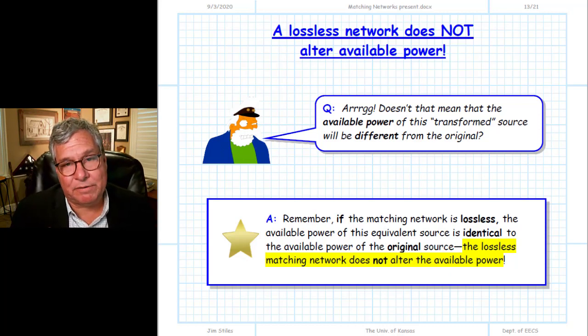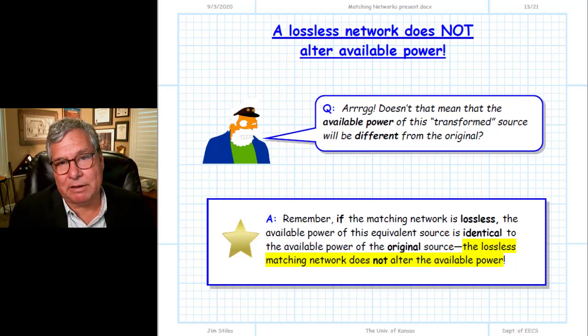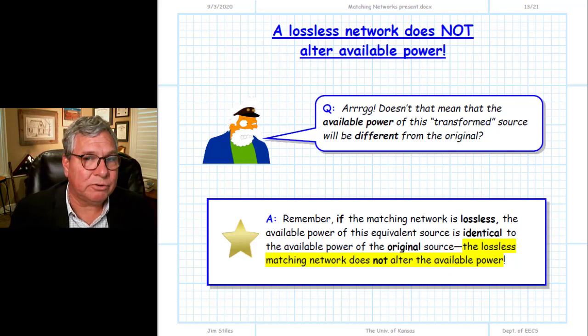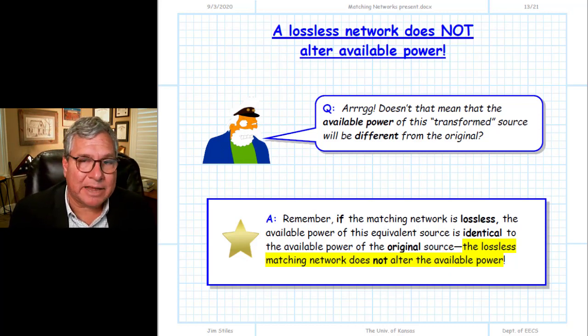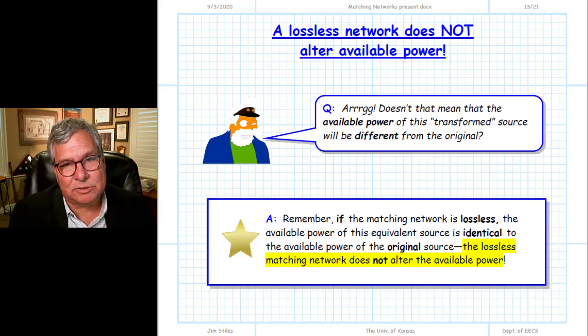Now that is true if our two-port device is lossless. In that case, the transformed available power will be less. It's also true if the two-port device is active. It's an amplifier. In that case, the available power will likely be greater. But in this case, we're limiting our two-port network to a network that is lossless, that is purely reactive.